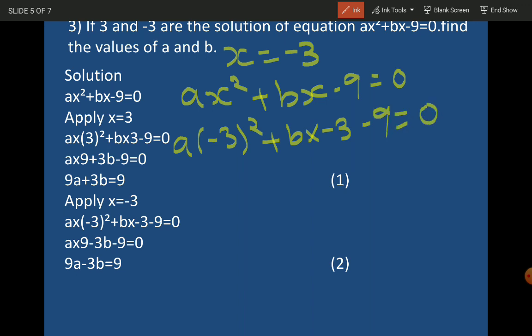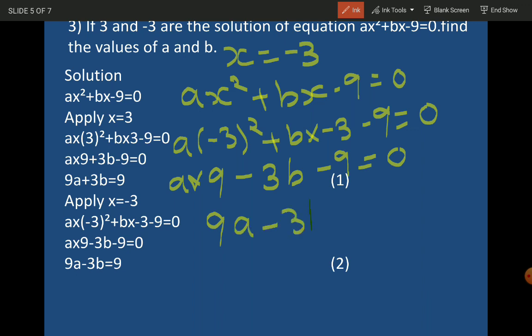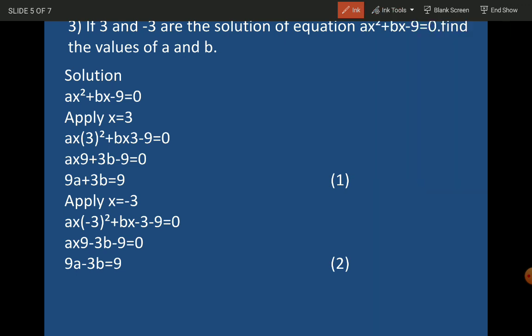Here a into 9, and plus into minus gives minus 3b, minus 9 equal to 0. So 9a minus 3b equal to 9. We get another equation, equation 2: by applying x is equal to minus 3, 9a minus 3b equal to 9.